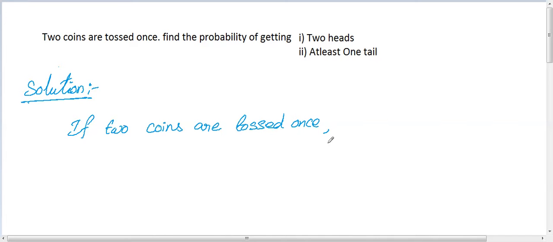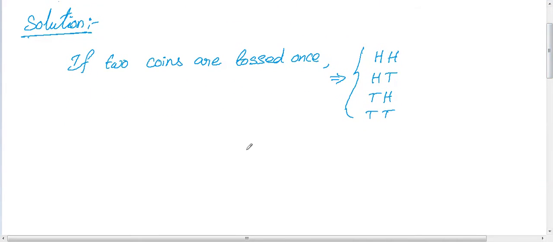The possible outcomes are: both the coins must be head, or first coin is head and the second coin is tail, or the first coin is tail and the second coin is head, or both the coins are tail. So these are all the four possibilities we'll get.